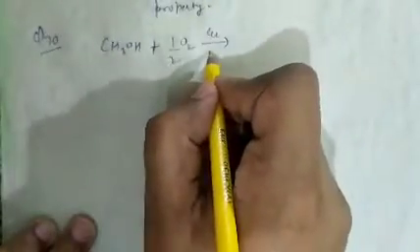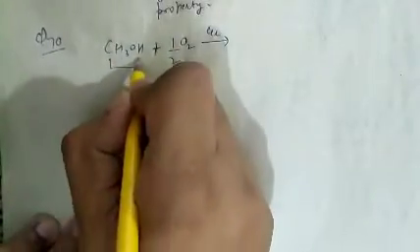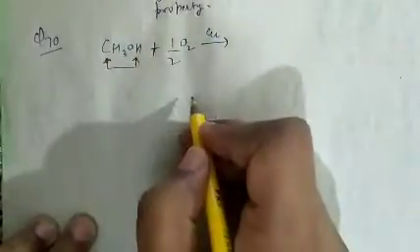See question number 70. In question number 70, what is given there? When methanol vapors are passed with air, when methanol vapors react with air, means oxygen, in presence of copper, as copper is heated. When copper is heated, then methanol will oxidize.